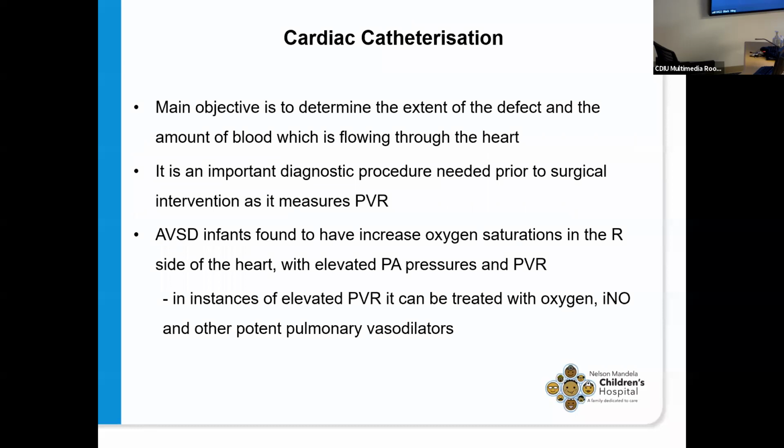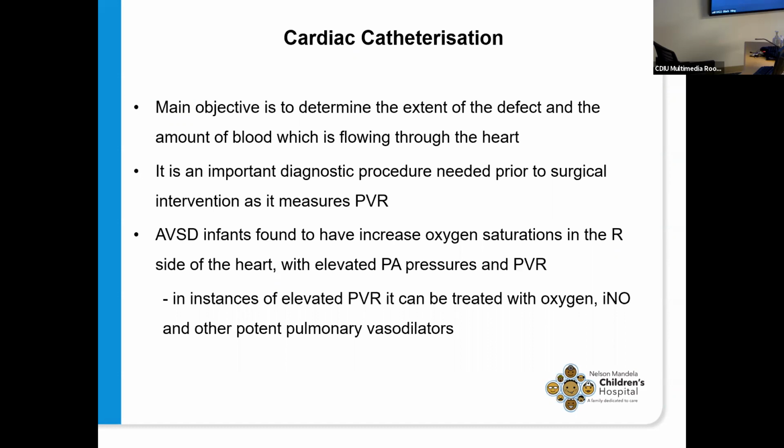The main objective with cardiac catheterization is to determine the extent of the defect and the amount of blood which is flowing through the heart. It's an important diagnostic procedure which needs to be done prior to surgical intervention, as it would measure the pulmonary vascular resistance. So infants with AVSD are found to have increased oxygen saturations in the right side of the heart due to the shunting of blood from the left side to the right.